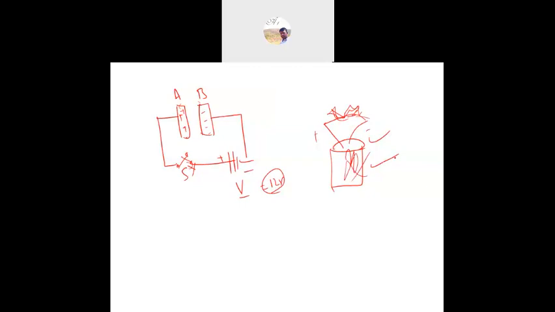Next we'll go to capacitance. Capacitance is the ability of the capacitor to store charge. The charge stored in the capacitor is directly proportional to the potential difference.